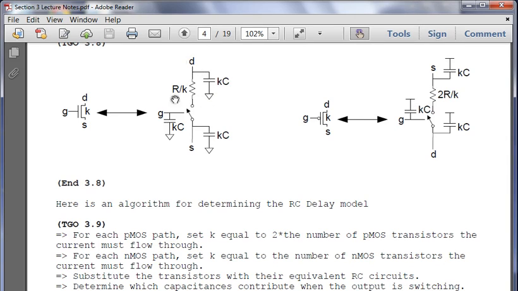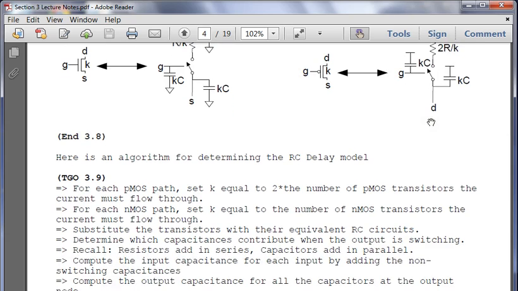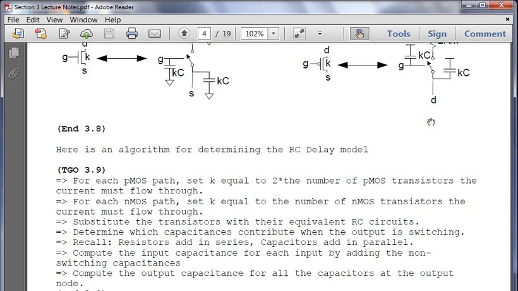This is the one that contributes to the switching because you have a switch, and this one can dissipate or charge. This one's tied to ground no matter what, so it is non-switching. Again, non-switching versus switching, because you have the output pertaining to the switch. Then we compute the output capacitance for all capacitors at the output node. They're typically going to be in parallel, which is good because they'll add up.